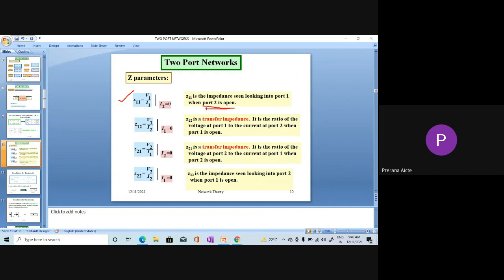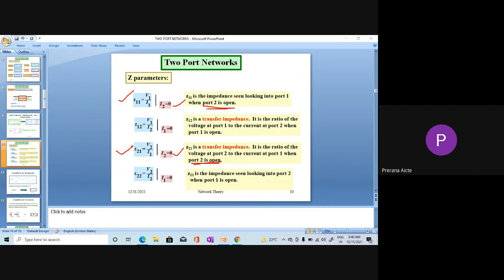Just mention here that port 2 is open. So the open circuit current is going to be 0, I2 is 0 here, and I2 is 0 here also. From your basic equations, if you put I2 equal to 0, then the parameters obtained are Z11 and Z21.